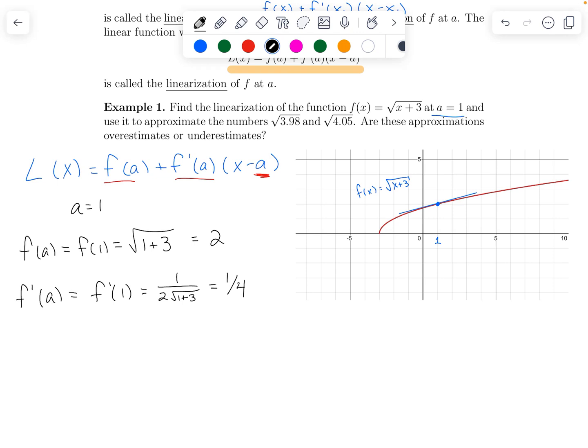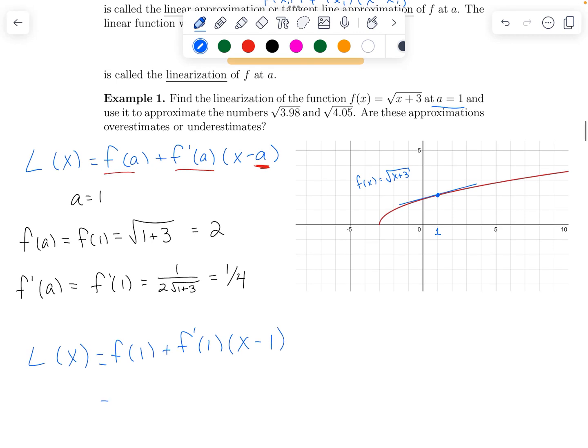And now that I've got my function at 1 and my derivative at 1, all I've got to do is put it into the formula. So our linearization is f of 1 plus f prime of 1 times x minus 1.